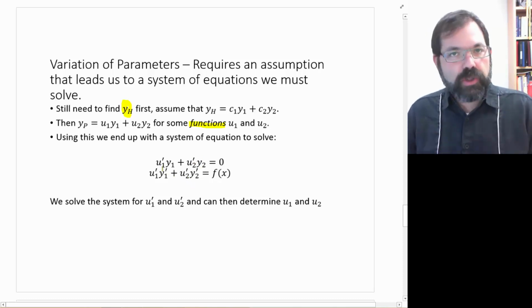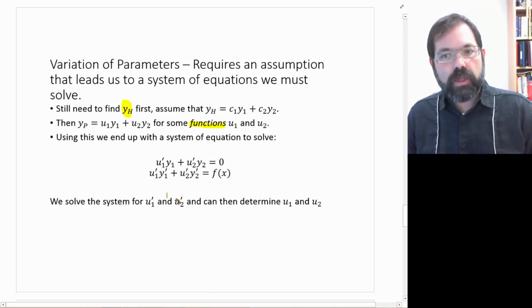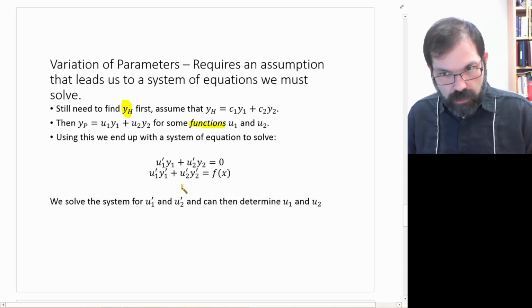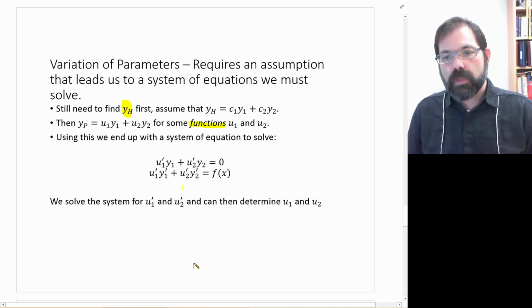And if we then substitute and do a bunch of work, we end up with a system of equations that looks like this. It says u1 prime y1 plus u2 prime y2 is 0, and u1 prime y1 prime plus u2 prime y2 prime is then that f of x.